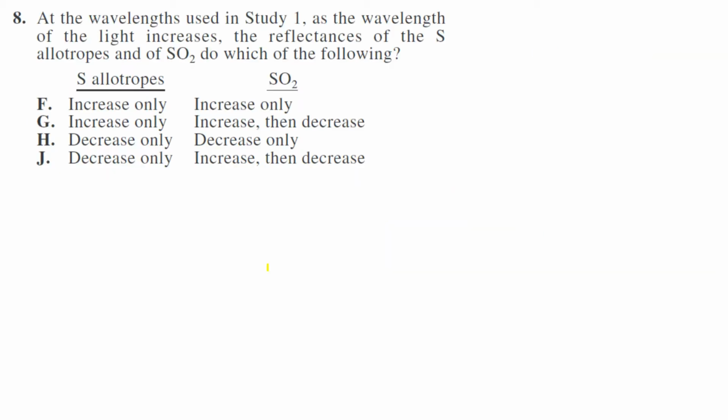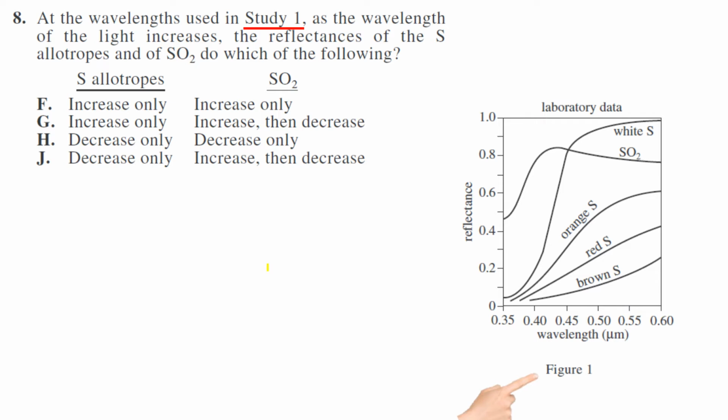So now we're going to go through the questions. Are the wavelengths used in study 1? Put your finger on study 1, always find where you're going. So there's study 1. As the wavelength of the light increases, so find wavelength. So as it increases, make sure you're going the correct way, look at the numbers.